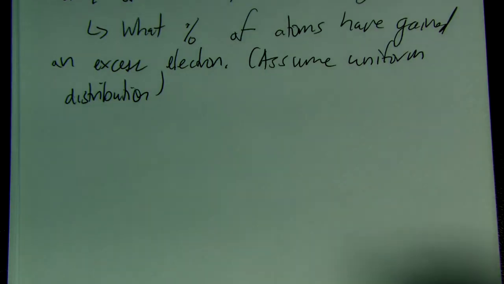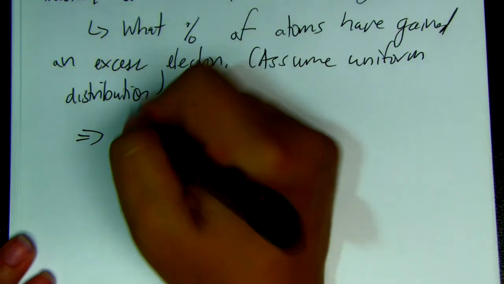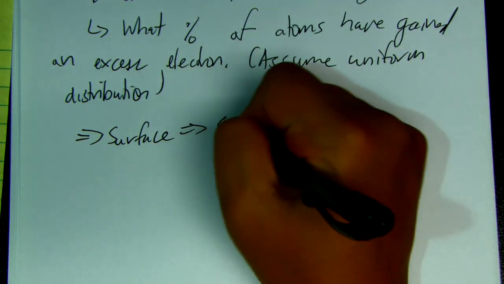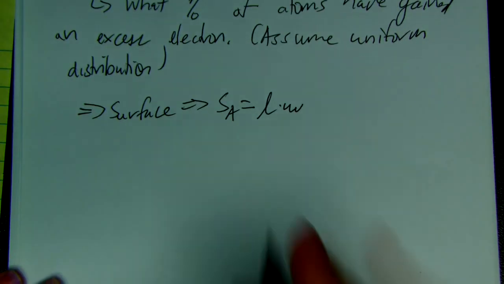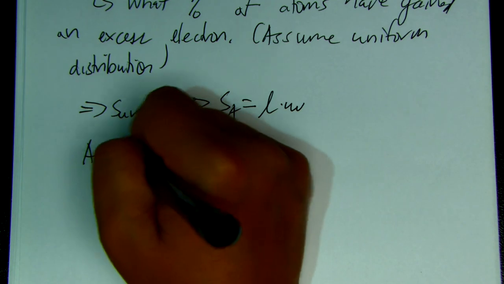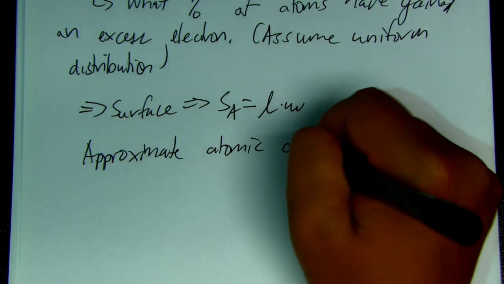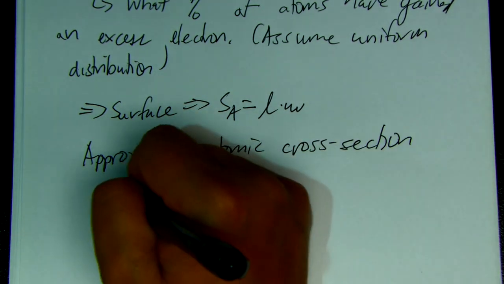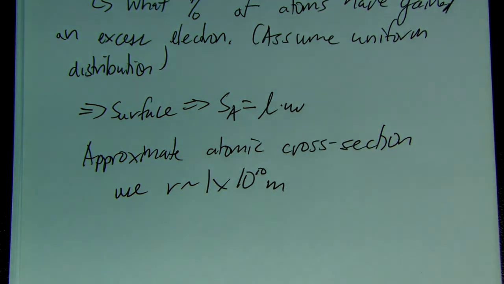Once again, I'm just going to highlight the key points because I want you to do this in lab. Surface area, SA, is equal to length times width. You can easily measure that for a piece of tape. To approximate the atomic cross-section, you can use R approximately 1 times 10 to the minus 10 meters.